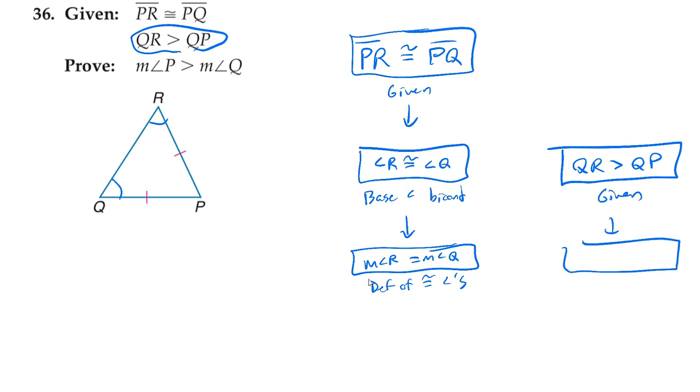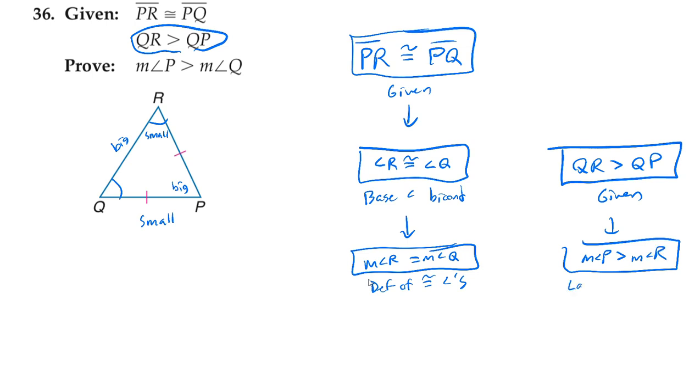So if QR is the big and QP is the small, that means that this is the big angle compared to small angle. So that would tell us that measure of angle P is bigger than measure of angle R.